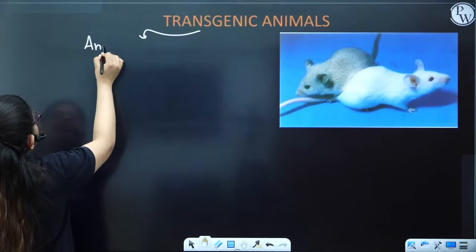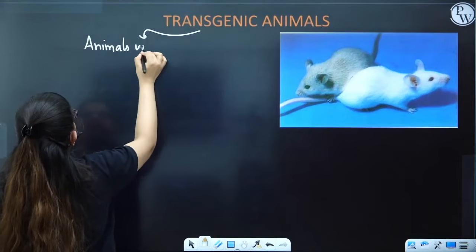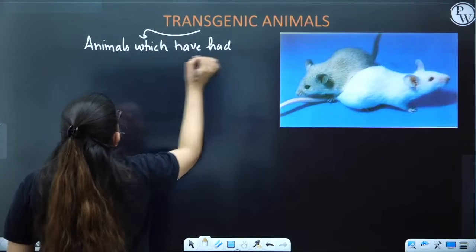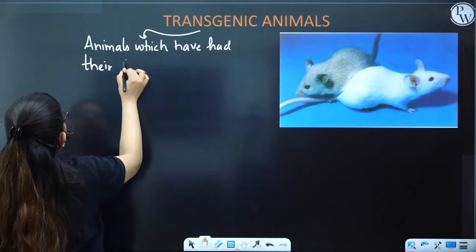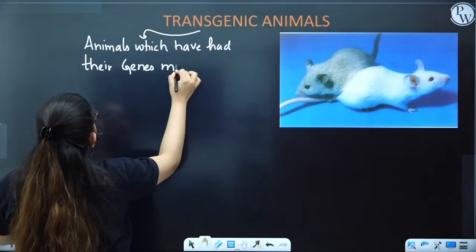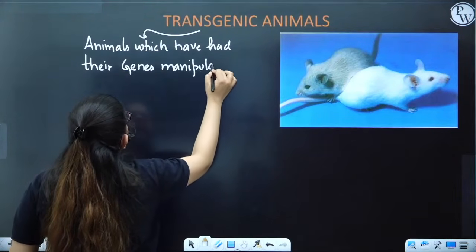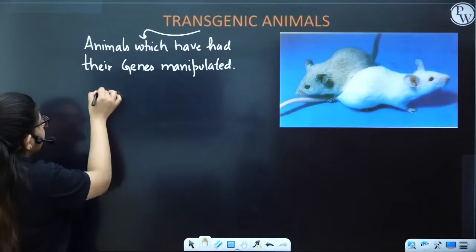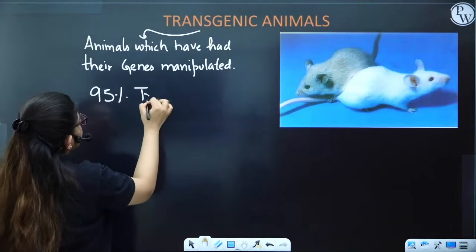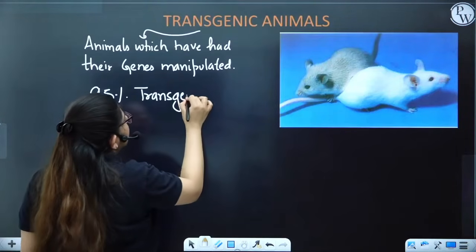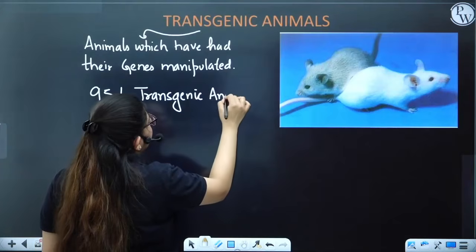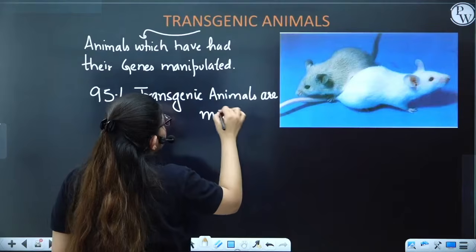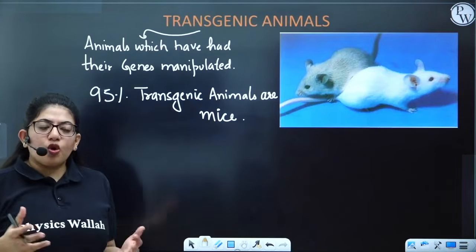Out of all the transgenic animals, 95% are mice. That's why I have put very nice images of them. So 95% are mice. Now you must be thinking, why are we making so many transgenic mice?